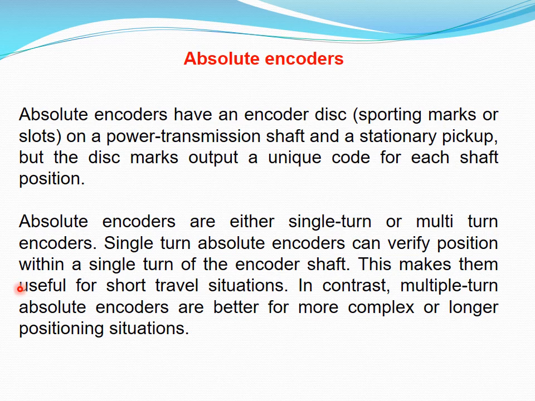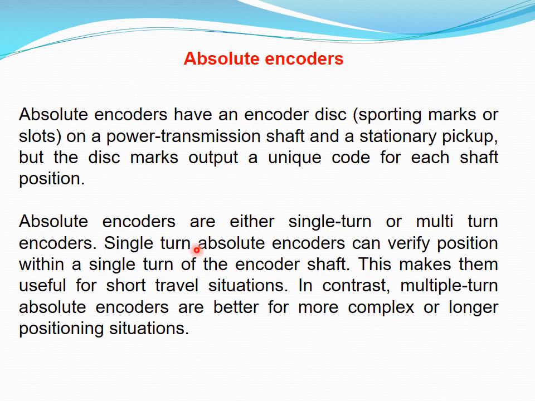Here the difference between the absolute encoder and the incremental encoder is explained. An absolute encoder has an encoder disk, with marked slots, on a power transmission shaft and a stationary pickup, but the disk marks output a unique code for each shaft position. Absolute encoders are either single turn or multi-turn encoders.